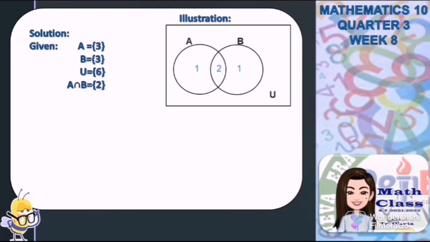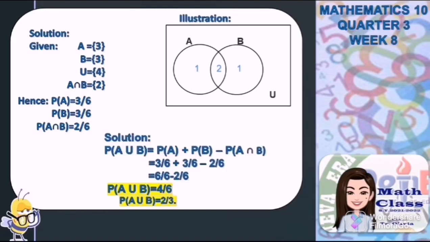So if we're going to list the elements, set A will be equivalent to 3, set B will be equivalent to 3 also. For the universal set, we're going to add set A and set B, which is equivalent to 6. And of course, the intersection of A and B is 2. Hence, we can say the probability of A is equal to 3 over 6, probability of B is 3 over 6, and probability of A intersection B is equal to 2 over 6.